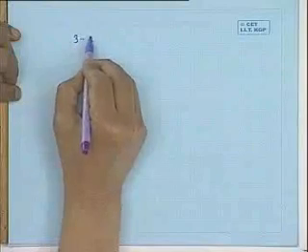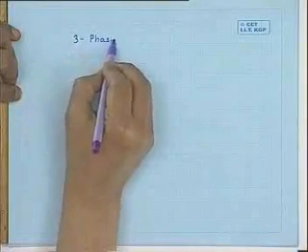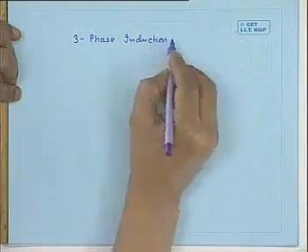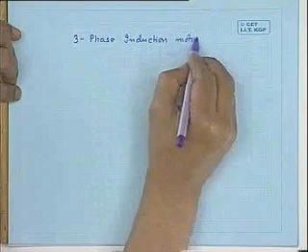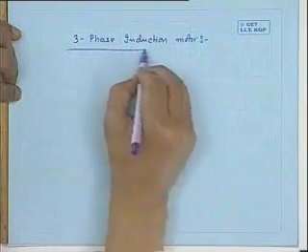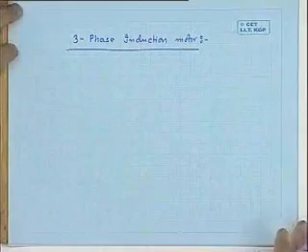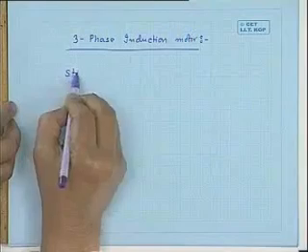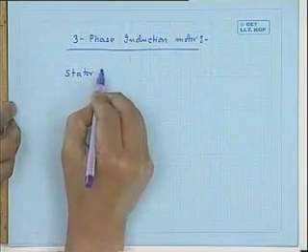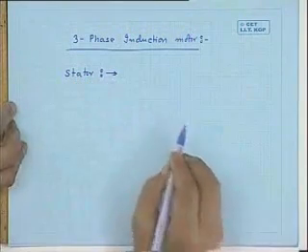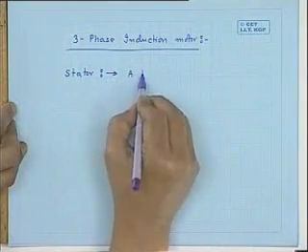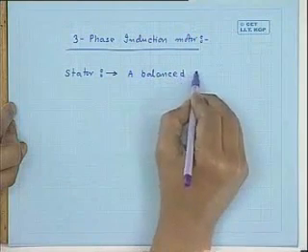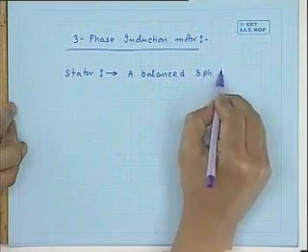Now let us come to the induction motor, three-phase induction motor to be precise. So on the stator of a three-phase induction motor, there is a balanced three-phase distributed winding.